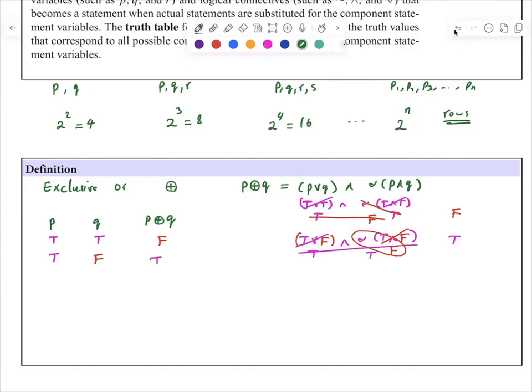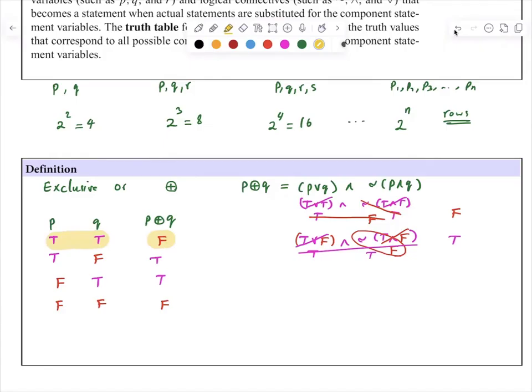You can check the rest of them as well. If the first statement is false and the second statement is true, you're going to end up with true as well. If both of these statements are false, you're going to end up with false. So basically, what does it tell us? It tells us as long as the two statements have the exact same truth value, the combination is false.